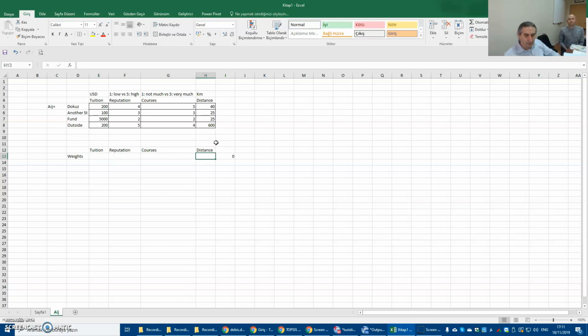So, what's the degree assigned among percentages, among 100, tuition, repetition, and courses? What will you assign? 0.6 or 0.7? It's very high. Let's put 0.4, for example, okay?